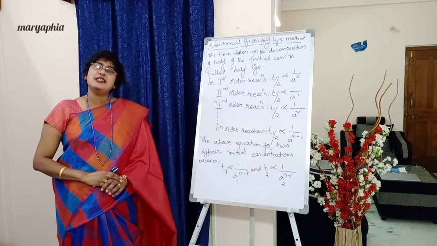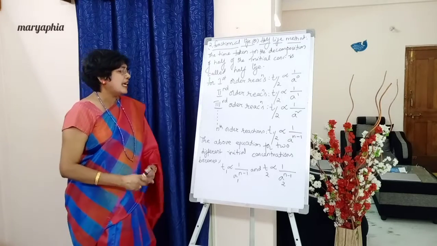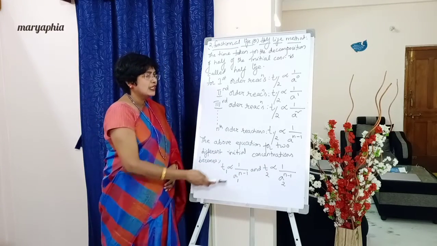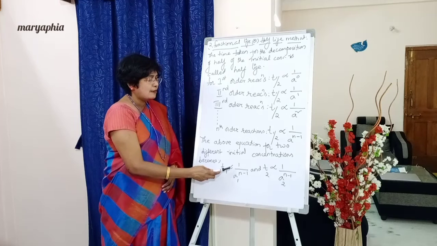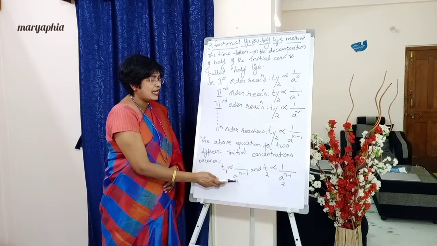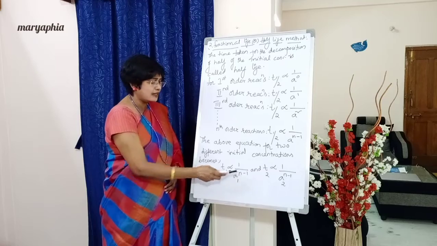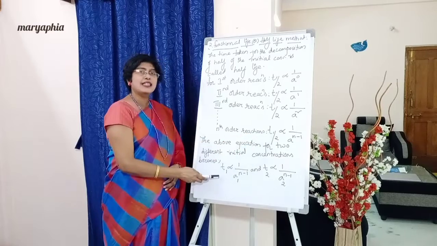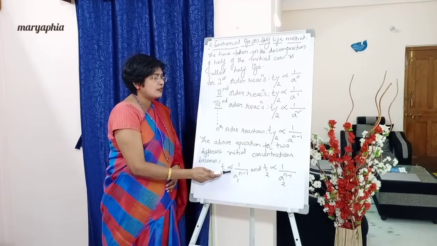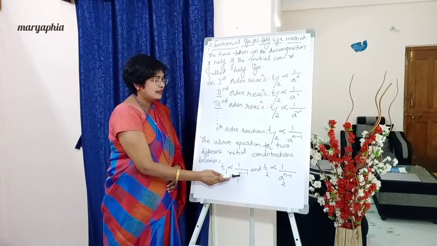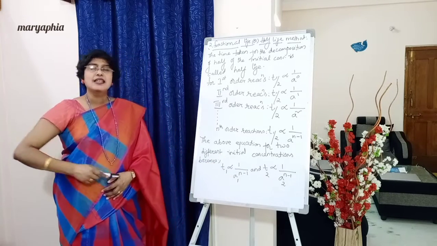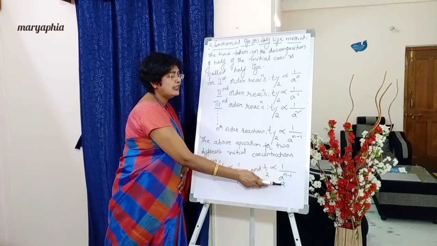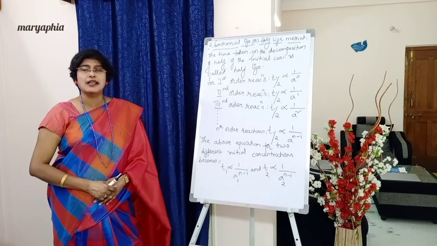If we take two different initial concentrations, a1 and a2, then for initial concentration a1, t half, which I am writing as t1 for convenience, is proportional to 1 by a1 to the power n minus 1, and for the second initial concentration a2, t2 is proportional to 1 by a2 to the power n minus 1.